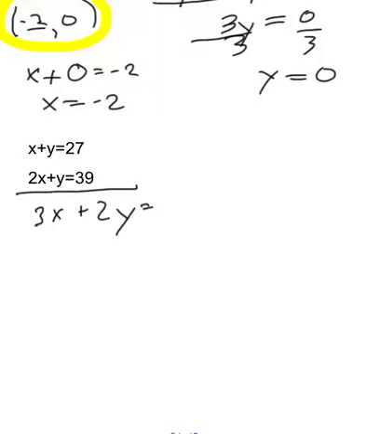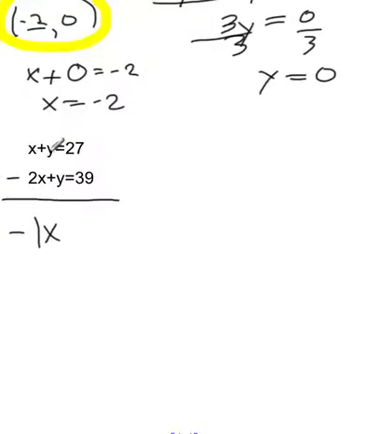Well, guess what? You don't always have to add. You have another option here. You can subtract. Okay? So if I subtract these two, I'm going to have x minus 2x. Well, that's negative 1x. Y minus y cancels. 27 minus 39.